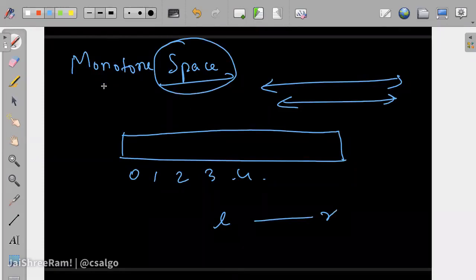Now, for a binary search to hold, the space should be monotone. What do I mean by monotone?